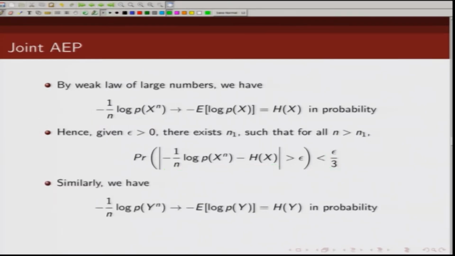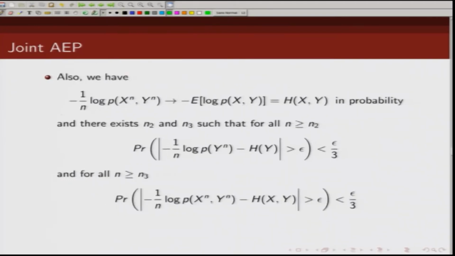Similarly, we can write that minus 1 by n log of p(y^n) converges to the entropy of Y, and this convergence is in probability, and the joint distribution of x^n and y^n also converges to the joint entropy of X and Y in probability.